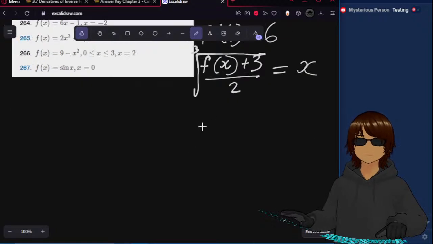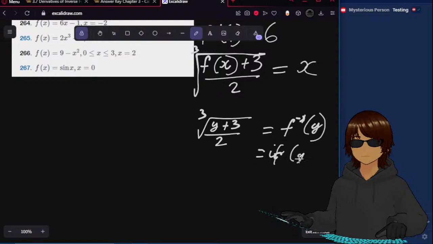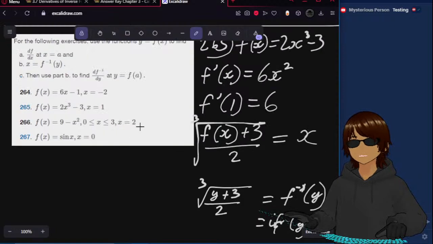Yeah. So then I would actually write it like this. Right. Then use part B to find the derivative.